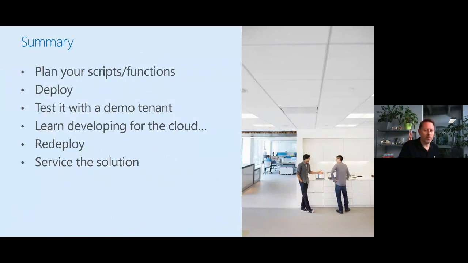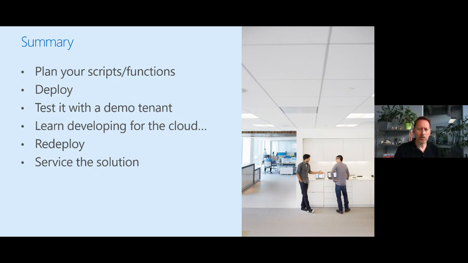Plan your scripts. If you want to migrate your scripts to Azure Automation Accounts, do it as I showed you here, using the credentials and using the variables to simplify them, to have them stored in a secured way. You can also use the deployment method when you, for example, commit your changes to a repository and then bind that repository to the Azure Automation account, which is a very cool way to do your deployment.